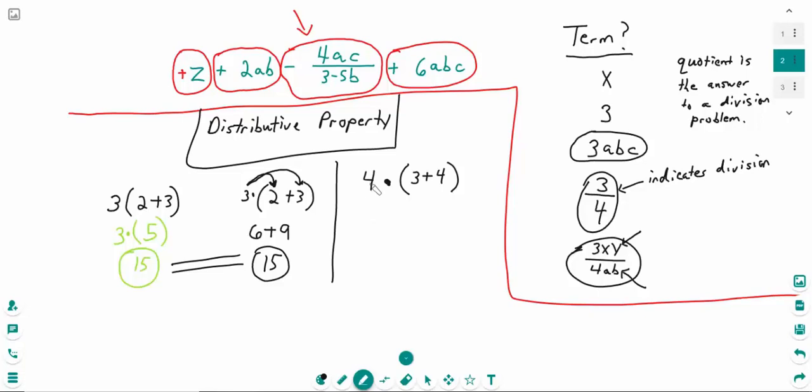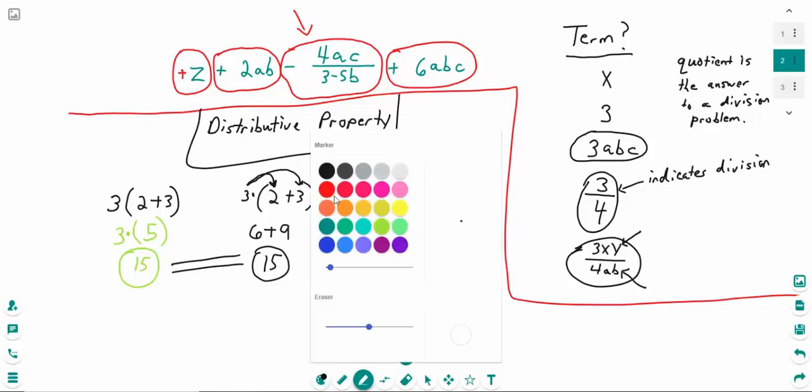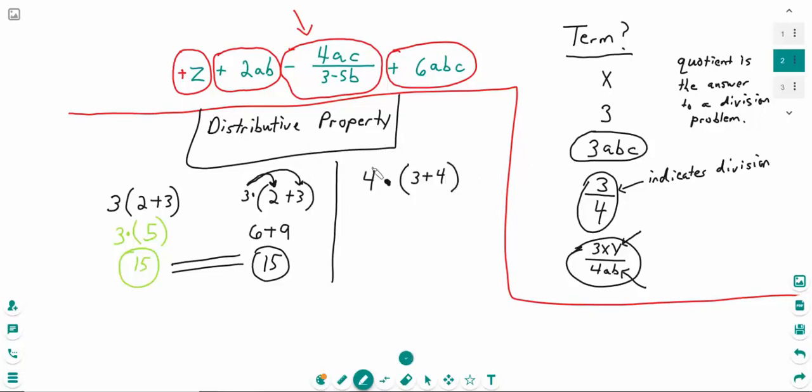Distribute the multiplication over the addition. All right, and the best way to think of that is to think in terms of these arrows. They're very helpful. So what we're doing is we're taking this 4 and we're multiplying it by the 3. The first one, we're taking the multiplication, multiplying it over the addition, and then we're taking that 4 again and we're multiplying it by the second number inside the parentheses. All right, and then we're adding those two products together.